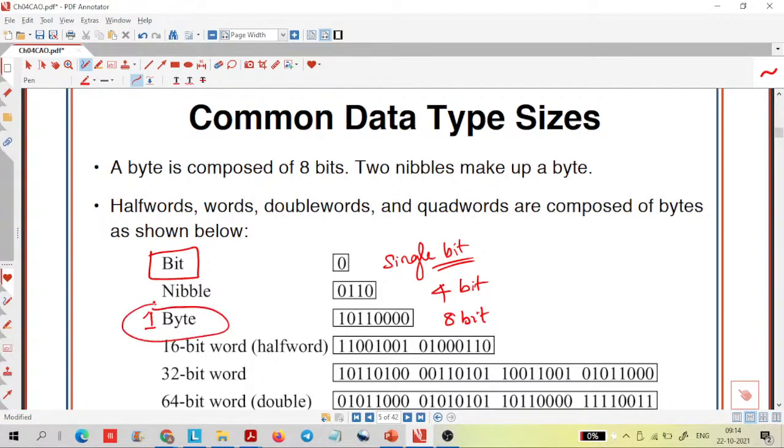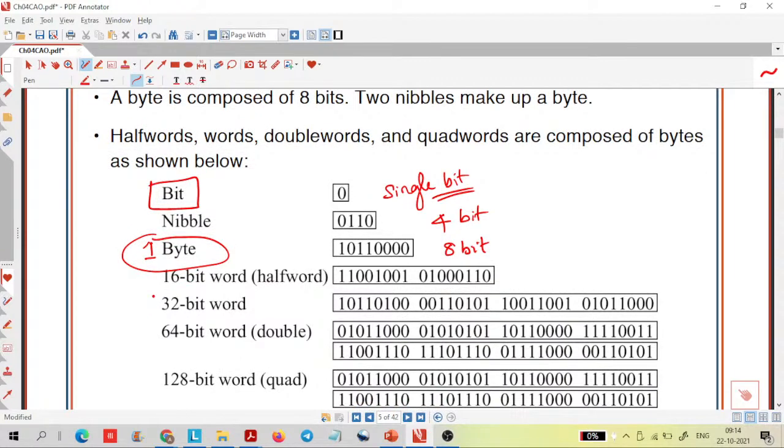One byte equals an 8 bit register. 16 bit is also equivalent to 2 bytes. So 1 byte means 8 bit, and 2 bytes means 16 bit.